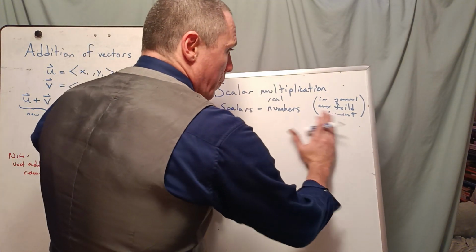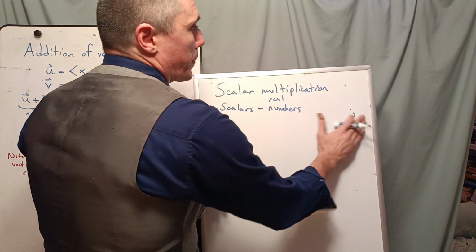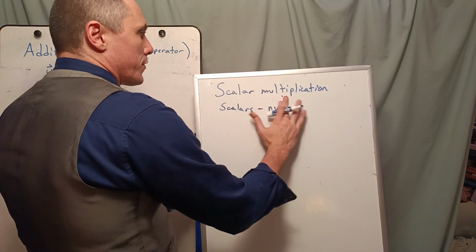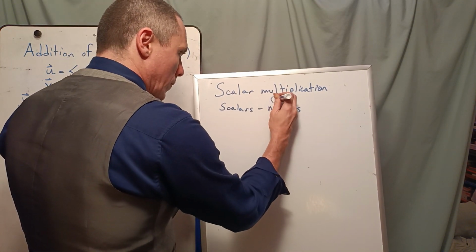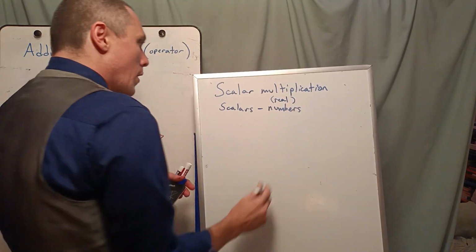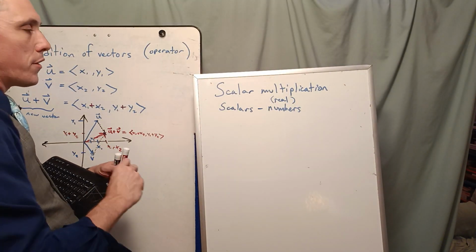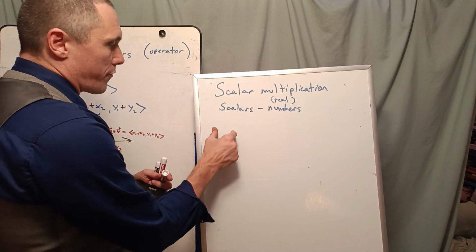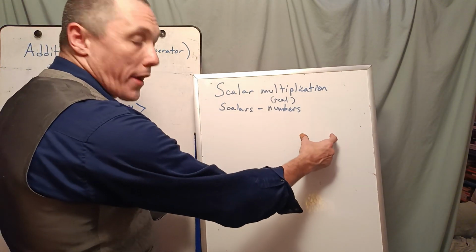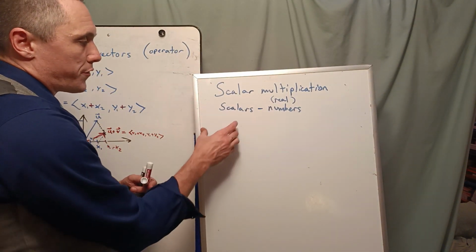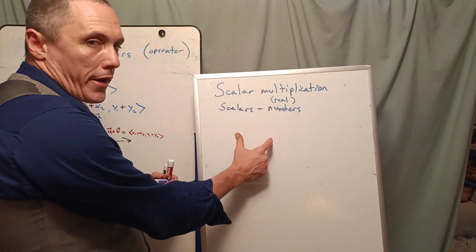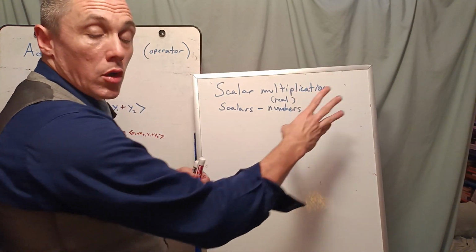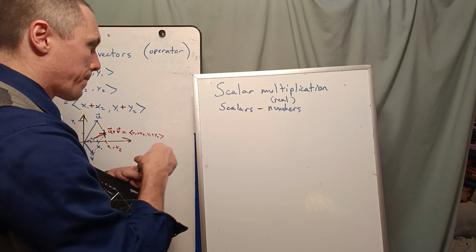So I won't talk more about what those could be, except for maybe a little bit at the end of this video. And so what we're going to have here is not an operation from vectors plus vectors to more vectors. We're going to have an operation from numbers times vectors is another vector. Still, we're going to get a vector as an output.